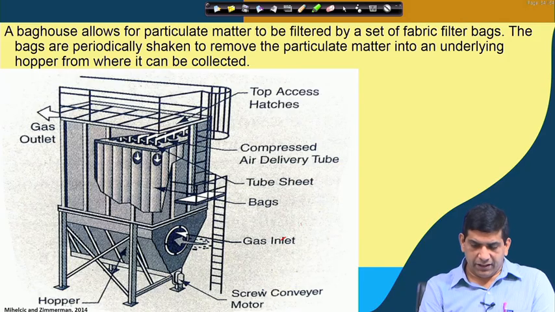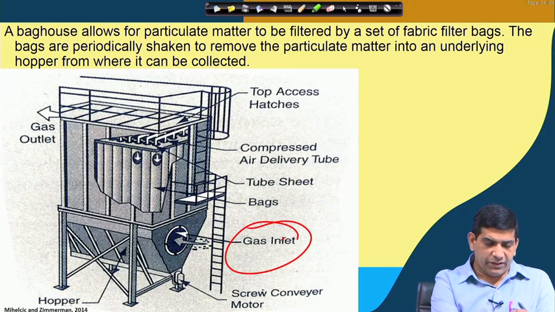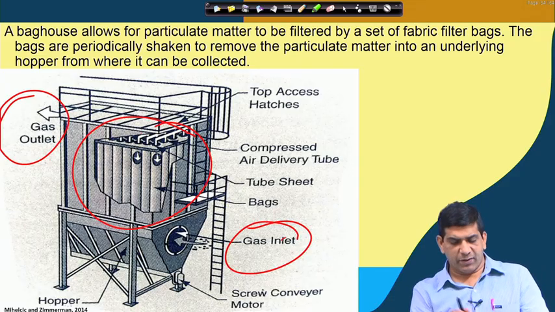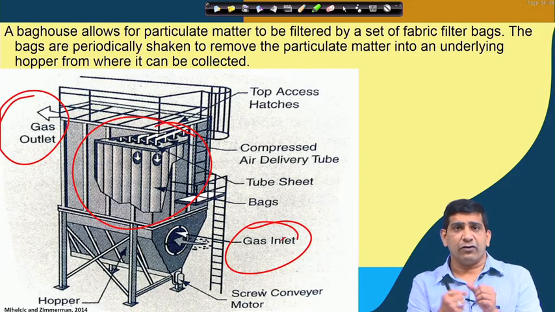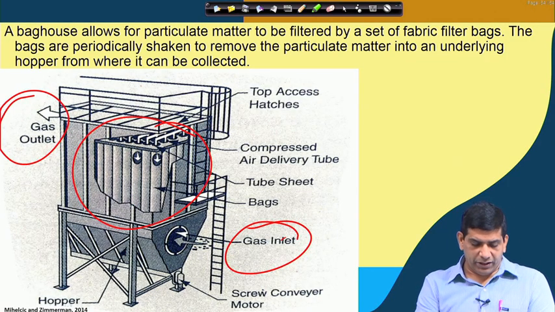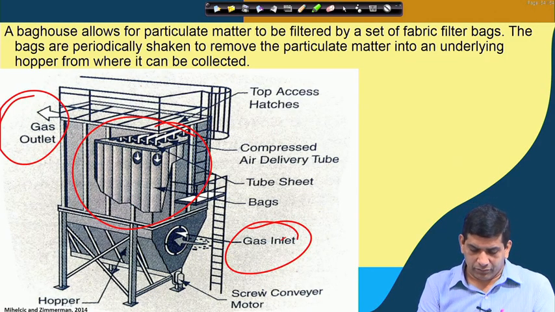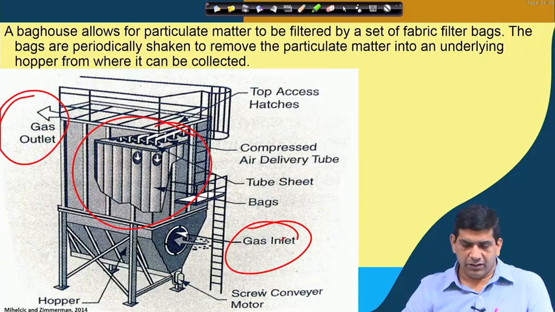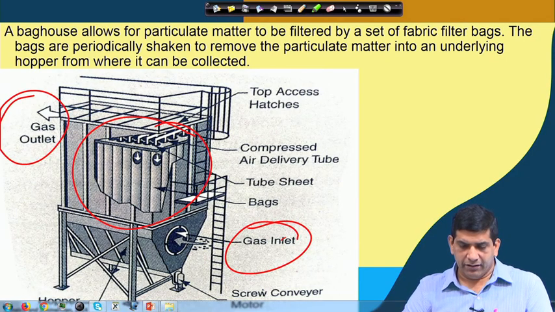As the gas passes through the baghouse, the particulate matter is captured, and from time to time it is taken out after shaking the bags. It becomes what is known as fly ash from the air pollution control system.